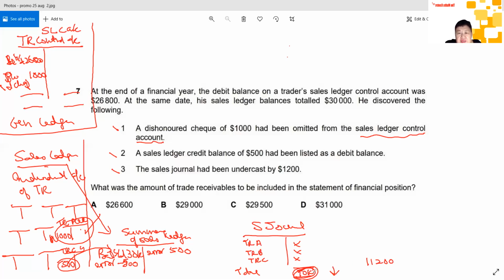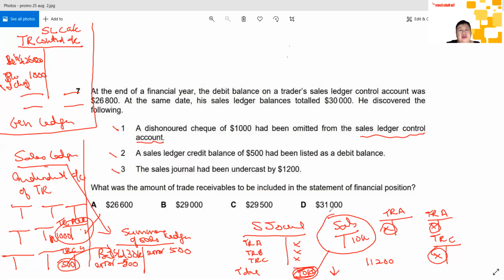Now be careful, this figure will go to your sales at 10K, but respectively to the trade receivables A, B, and C, there are 3 debits here. These 3 debits will come up to the 11,200. So hence the sales account is understated.